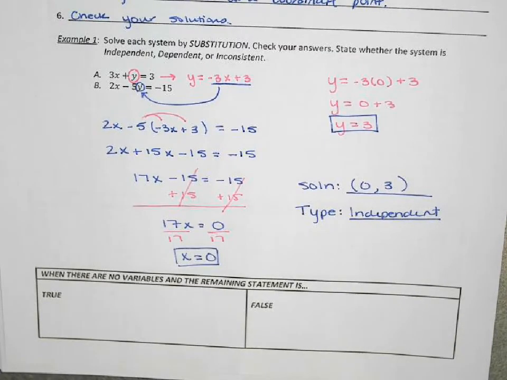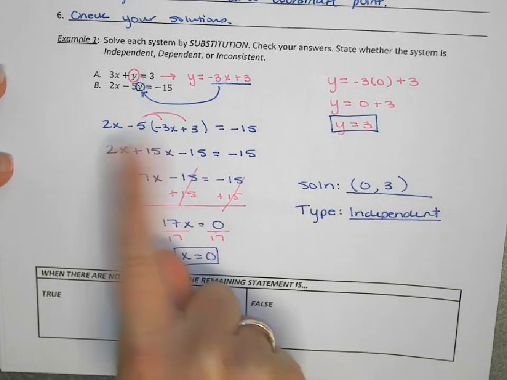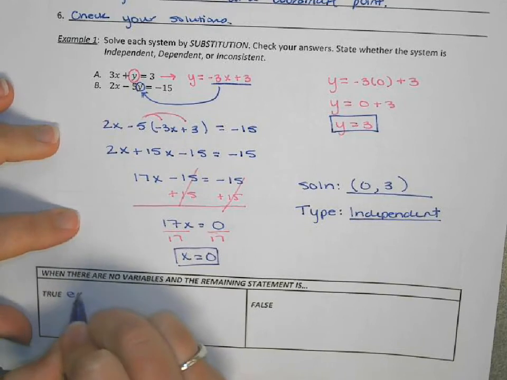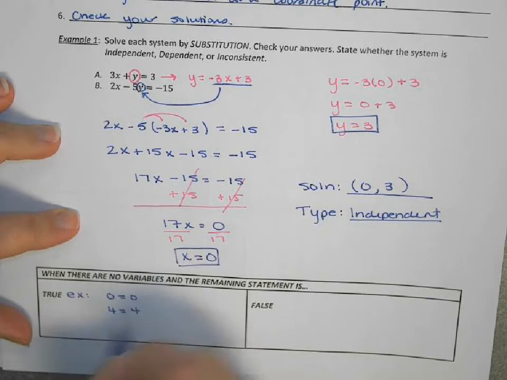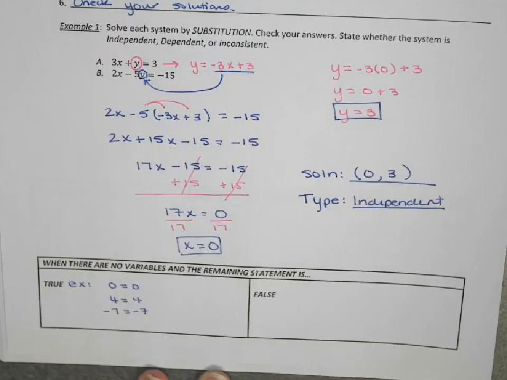okay, there are a couple other situations that sometimes come up. Sometimes when you go to substitute it in, when you go to solve for x, x disappears, and you get an answer that is true, such as 0 equals 0, or 4 equals 4, or -7 equals -7. And if we get something that looks like that, it's a true statement. Agree?